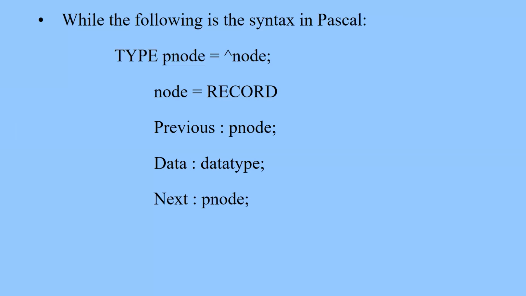Then another one is called next of type pnode. Then end. And then we declare an instance or an object that is going to be used to manipulate the members of this data structure. And that member I'm calling variable name, and is of type pnode.